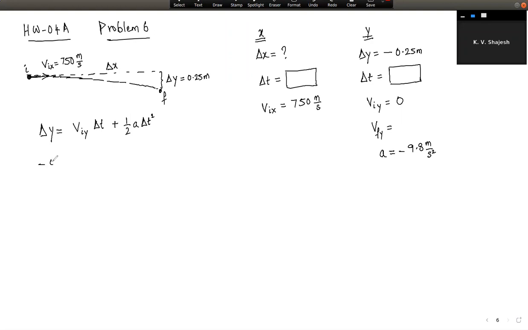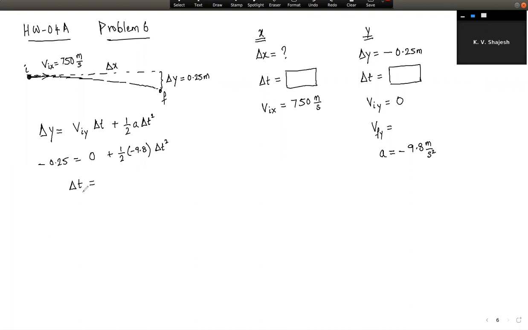Delta y is minus 0.25 meters. V initial y is 0. We have half times minus 9.8 times delta t squared. Delta t is equal to the square root of 0.25 into 2 divided by 9.8.